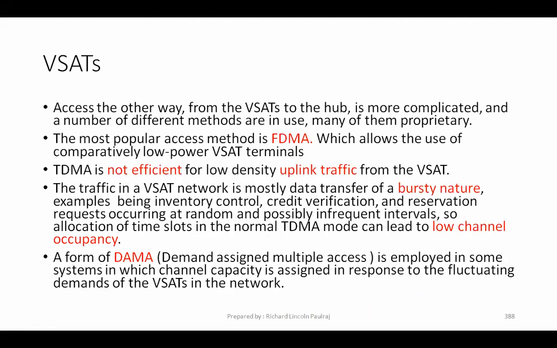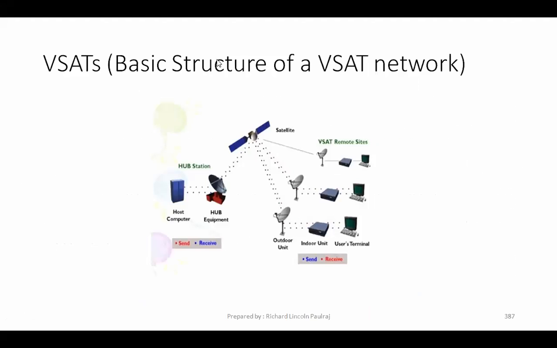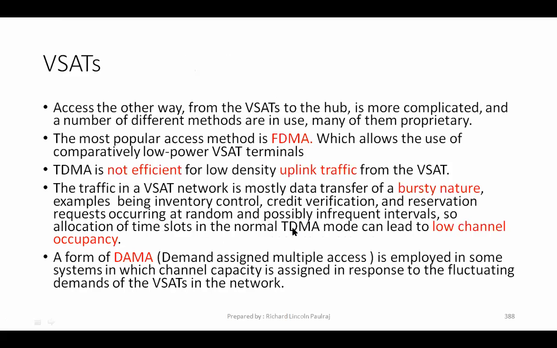So if you want to communicate from one VSAT to another, it should be connected in a star, and the hub should be able to communicate this information from one remote VSAT site to another. So directly they cannot communicate. They have to send it to the hub, and from the hub it connects to another client.